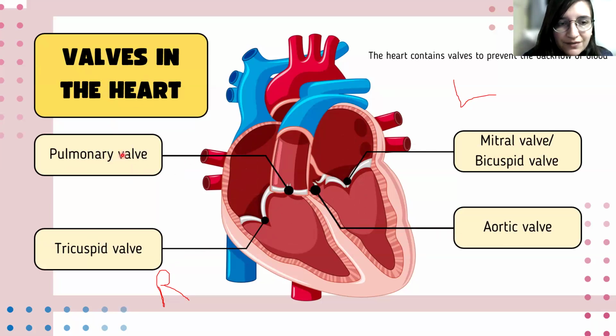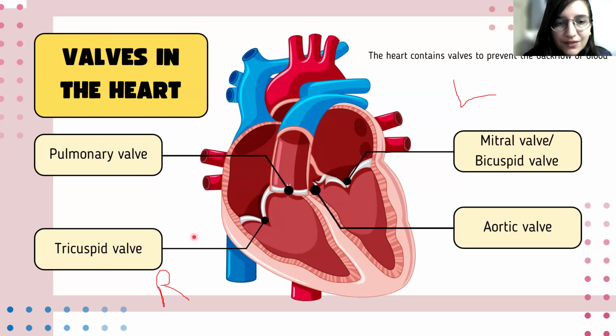The semilunar valves, basically these 2 valves, what they do is they prevent the backflow of blood into the ventricle. Okay, so it makes sure that blood doesn't flow back here. Like once the blood is out here, this valve makes sure that it doesn't come back to the ventricle. And here also, it makes sure that the blood doesn't come back to the ventricle.